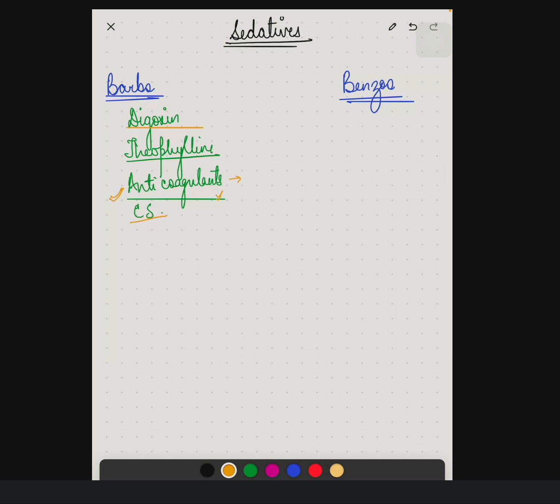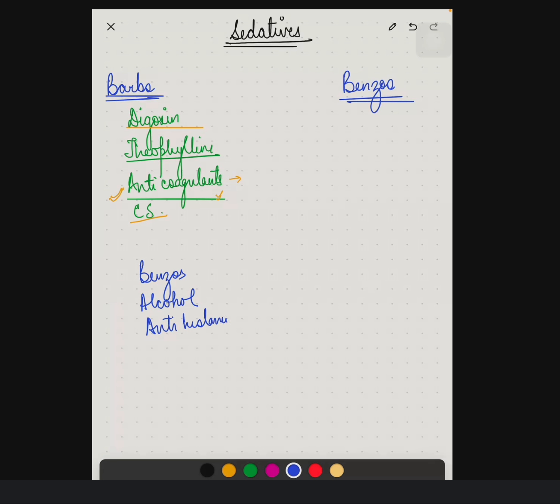It also interacts with benzos and alcohol and antihistaminics. It is like an additive effect.